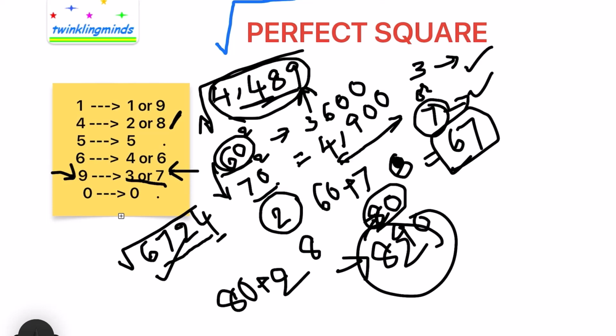Now in the table, it lies between 60 square and 70 square and closer to the 70 square. So we consider 7 in between 3 and 7. It's closer to the upper limit, so we consider 7. Then add this to the lower limit, 60. So 67 is the square root.